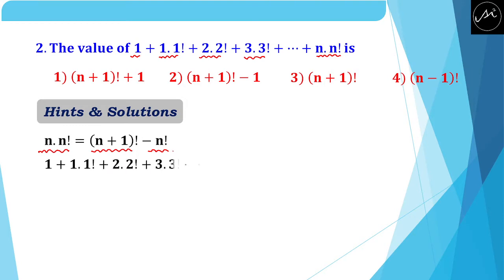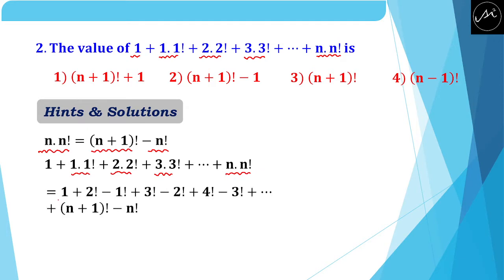Now using this you can say that 1 plus 1 into 1 factorial plus 2 into 2 factorial plus 3 into 3 factorial plus so on to n into n factorial is nothing but 1 plus 2 factorial minus 1 factorial plus 3 factorial minus 2 factorial plus 4 factorial minus 3 factorial plus so on plus n plus 1 factorial minus n factorial.